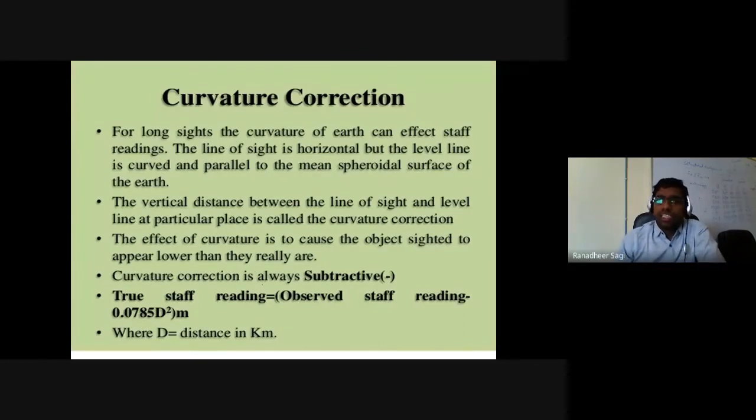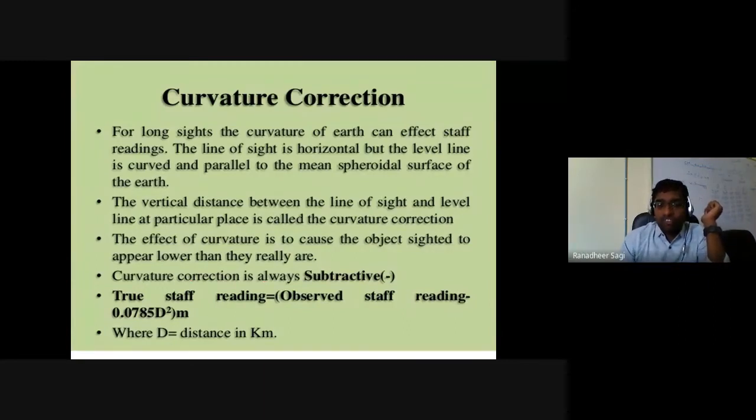The vertical distance between the line of sight and your level line, what you are representing on your level surface at a particular place, is called your curvature correction. That elevation difference between those two lines is called your curvature correction.